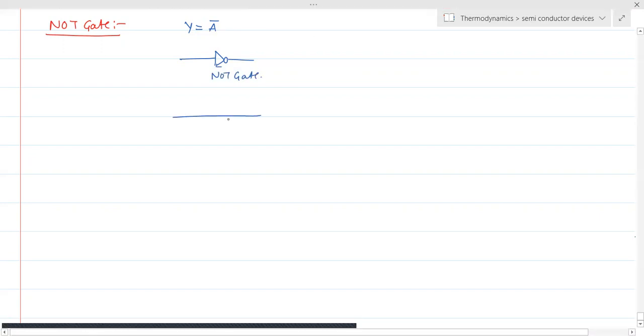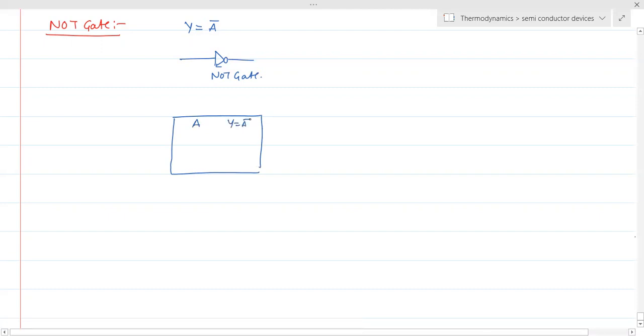Now I'm taking the truth table. From the truth table itself, we will understand its behavior. With input A and output Y equivalent to A bar: if A is 0, then the output is 1. If A is 1, the output is 0.